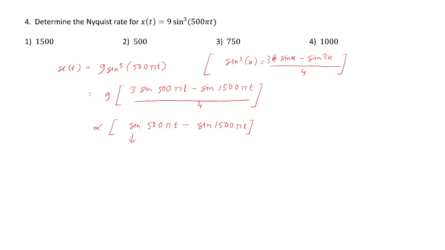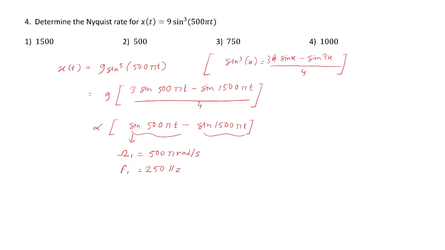The analog frequency corresponding to this part is given as 500 pi radian per second, and the corresponding frequency in hertz we can write as 250 hertz.